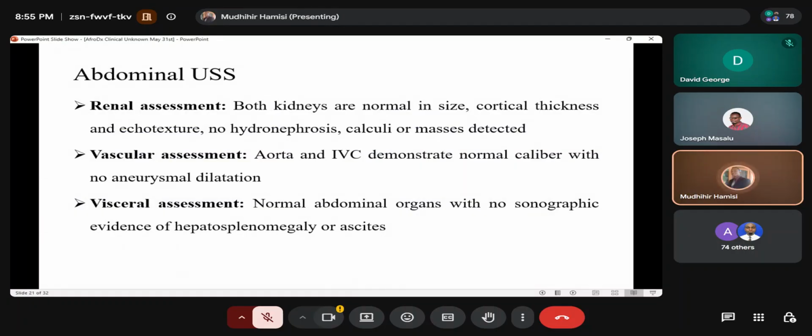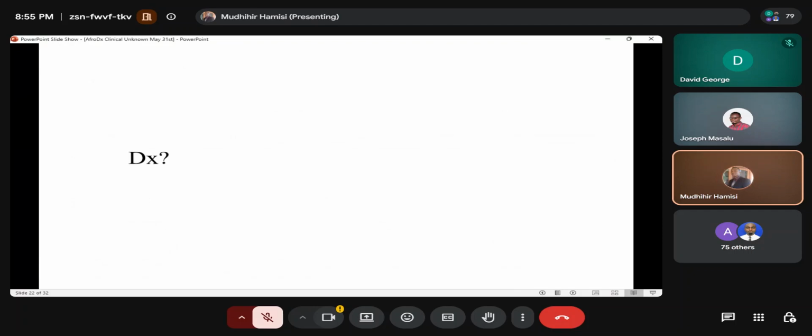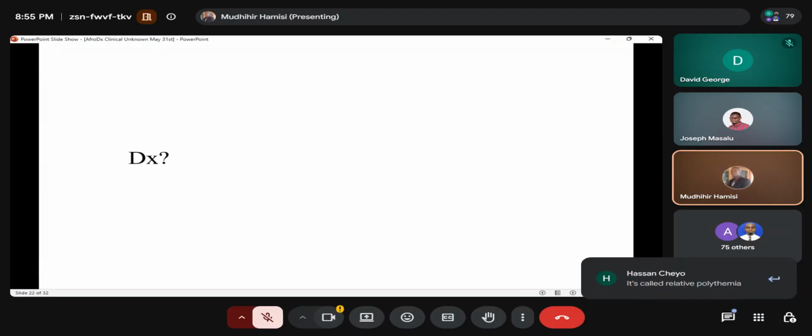The aim was to rule out splenomegaly, because in most cases of patients with polycythemia vera, they tend to have splenomegaly. So that is the end of the investigations. What do you think will be the diagnosis of this patient now?